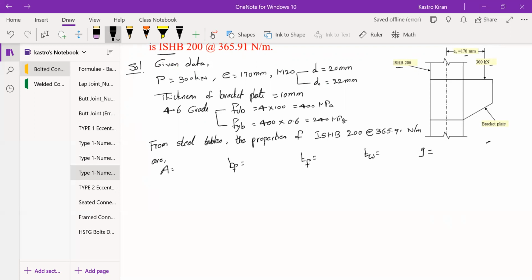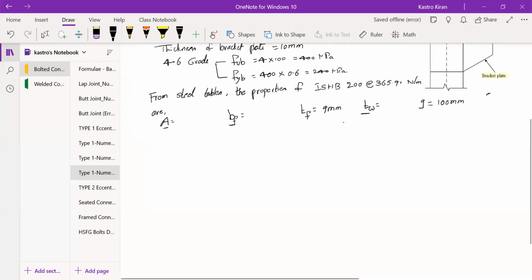For the time being, I'm writing the thickness of flange, that is 9 mm, and the gauge distance for ISHP 200, which is 100 mm. You can write down the rest of the properties, that is area, width of the flange, and thickness of the flange as well. So this is the data that is provided.